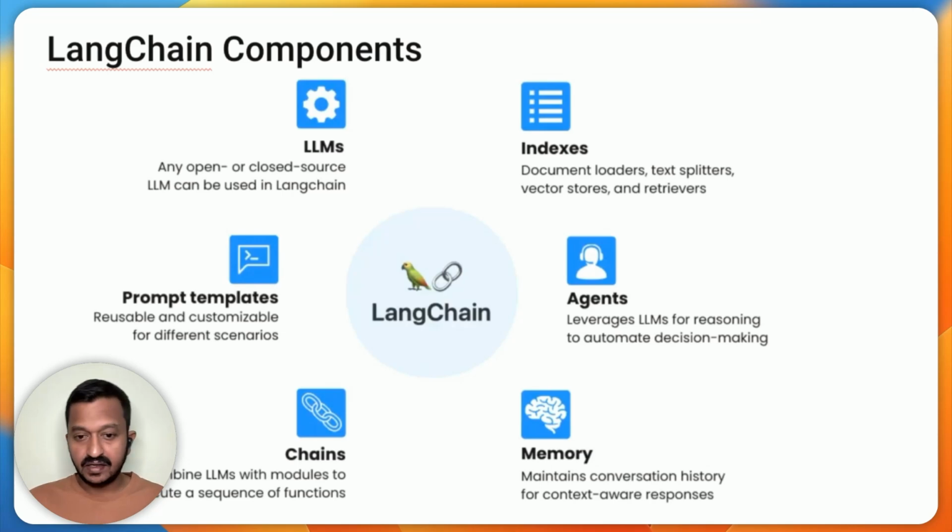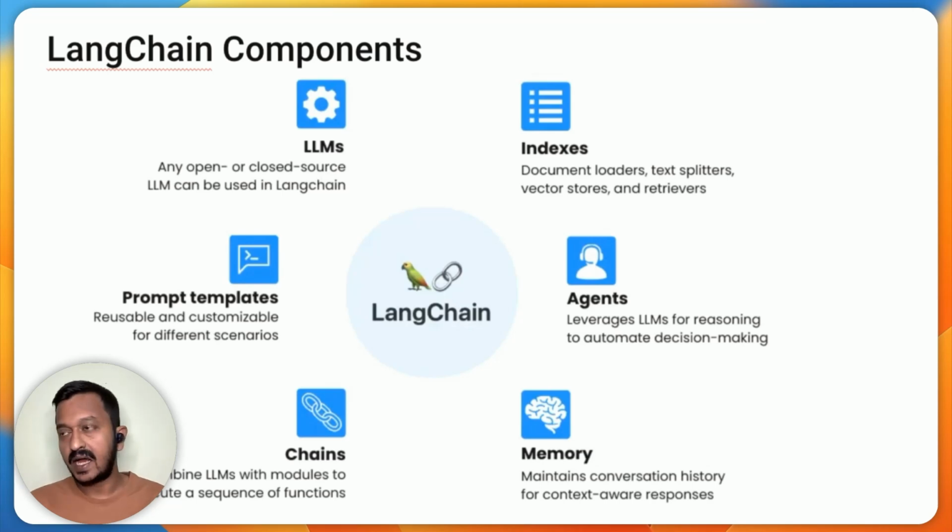And then the chains that we saw in the previous slide, right? You can combine LLMs with modules to execute a sequence of functions, right? And basically create complex workflows using chains. And then the prompt templates, you can have reusable and customizable prompts for different scenarios, right?